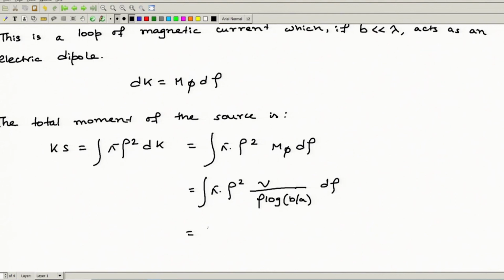So we will have pi V upon log of B by A, and this integration will run from A to B of rho d rho.